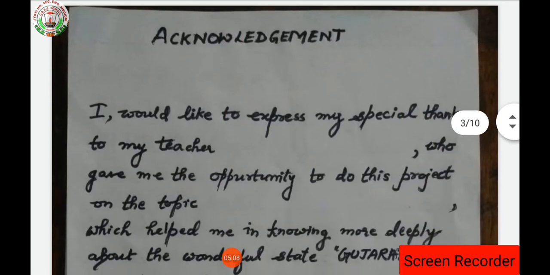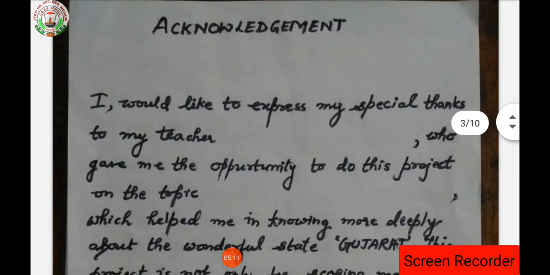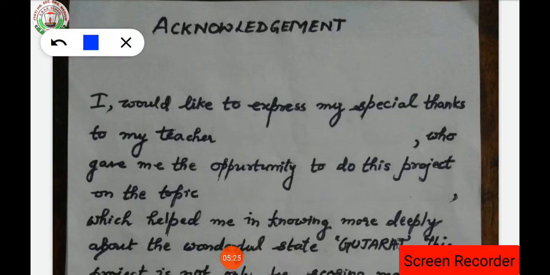Clear, students? On the second page of your project you have to write the acknowledgement. In this acknowledgement part, write: I would like to express my thanks to my teachers. A space is given, so here you have to write the name of the teacher.